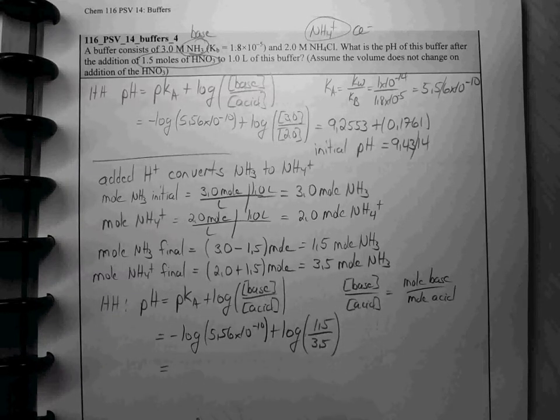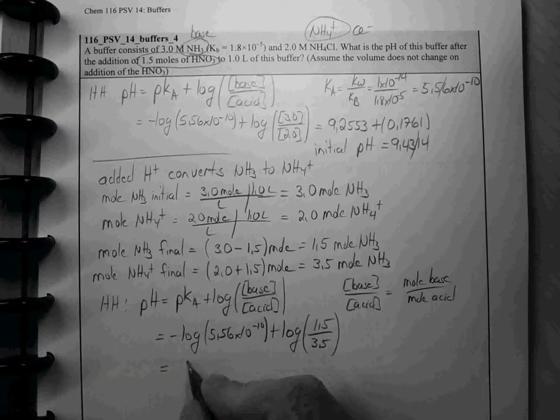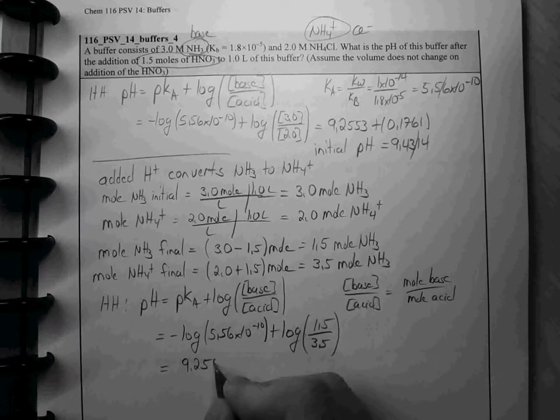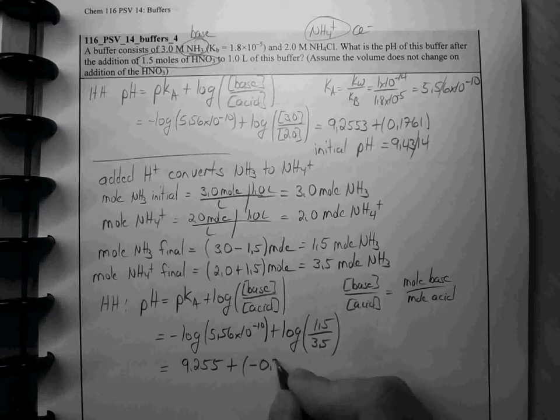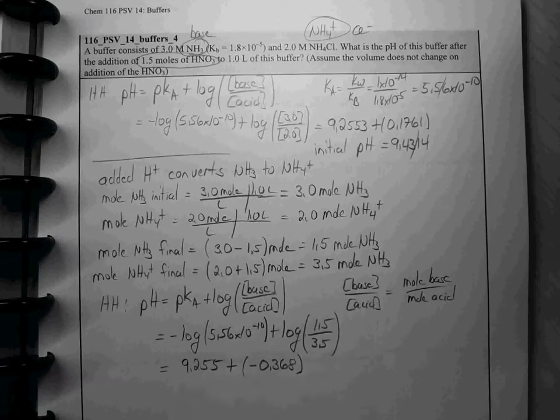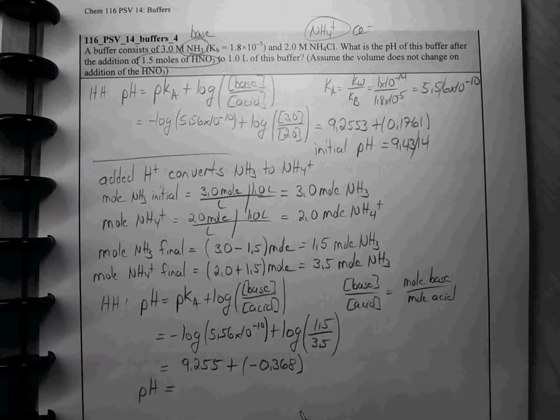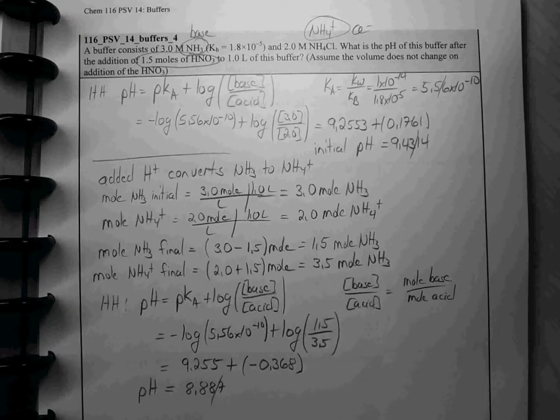Okay, we churn out this math, and this is 9.255, and we're adding a negative 0.368. So our new pH has gone down a bit, 8.887, 2 sig figs.